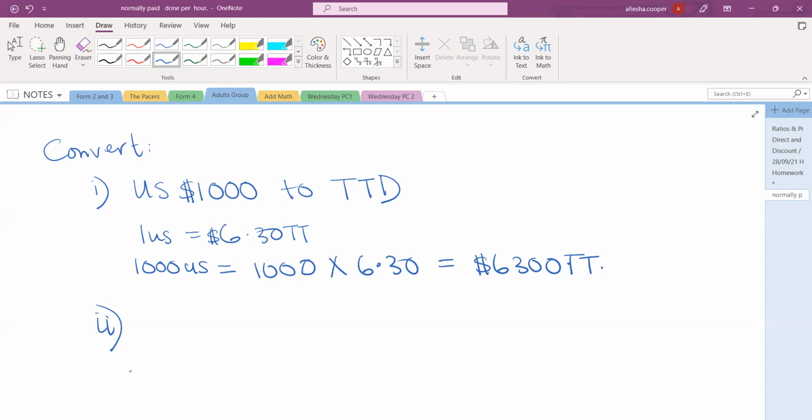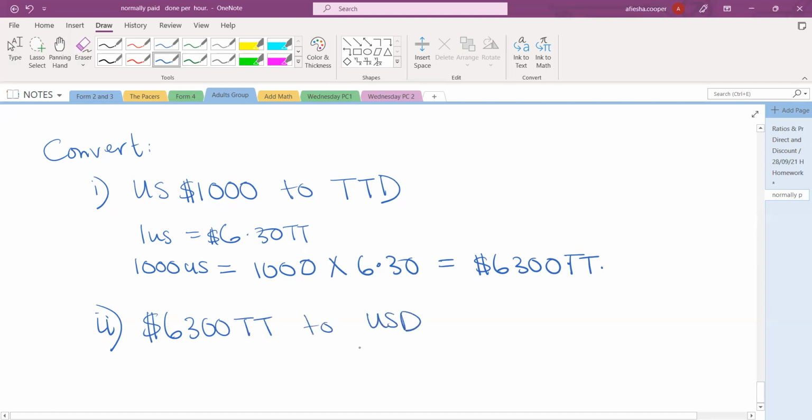So if I have 6,300 TT and I want to change it to US dollars, then of course I still know that every 1 US is $6.30 TT, right?